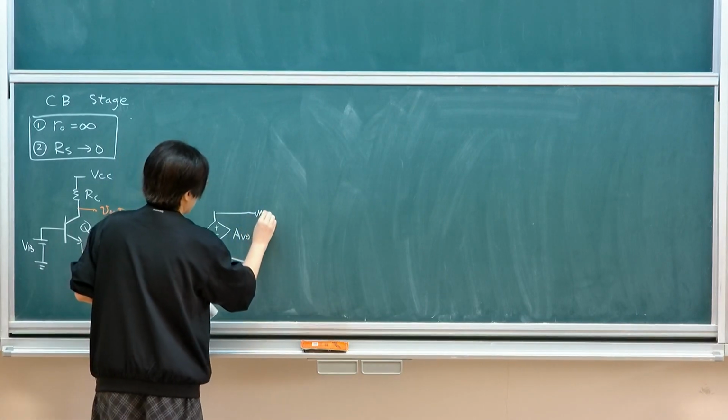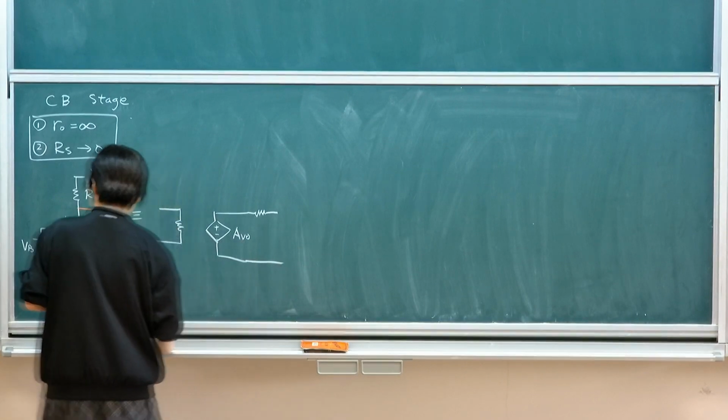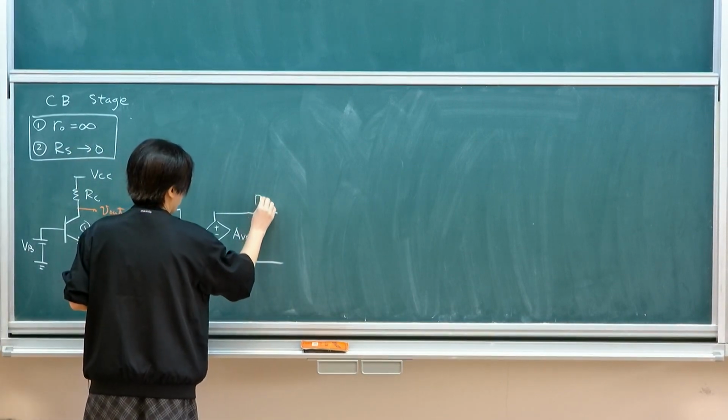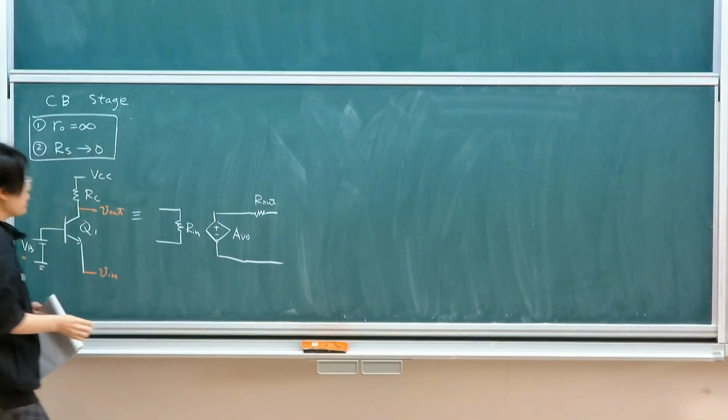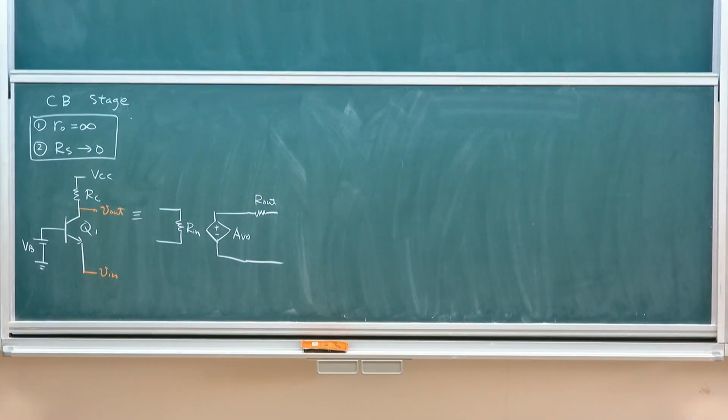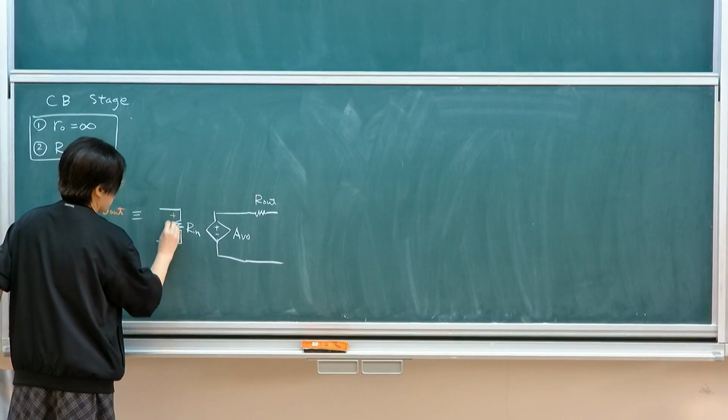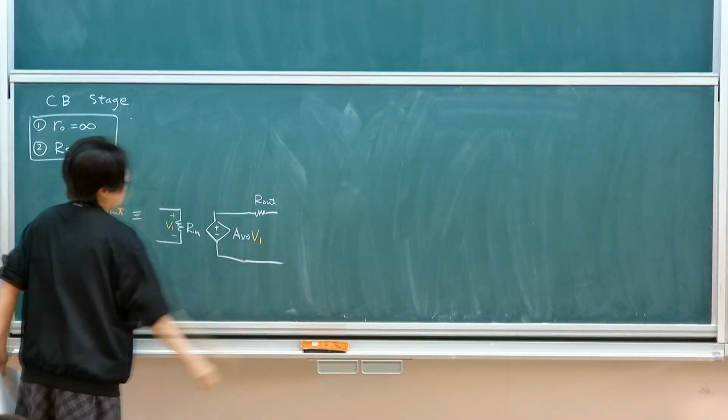So I want you to find the three key parameters: AVO, R out, R in. We still want to find these three key parameters. Okay?